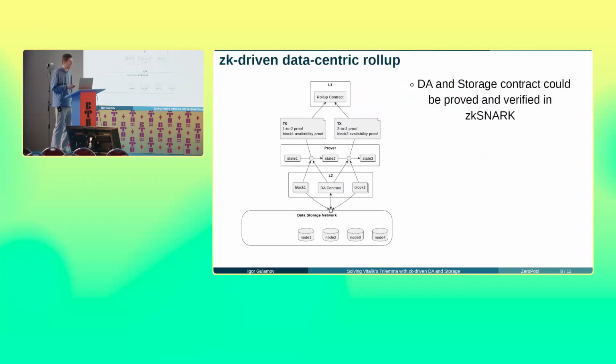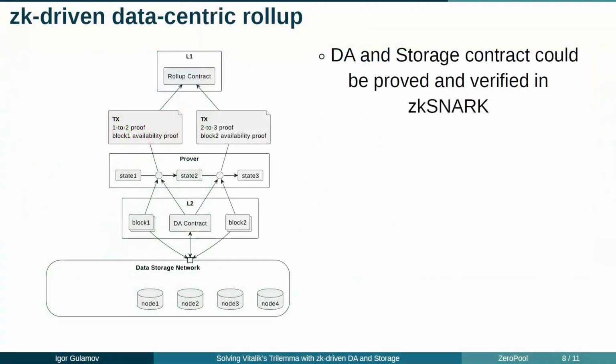Here is how the data-centric rollup works. We have the data storage network, L2, and L1. The idea is that we can make zero-knowledge proofs that the data is stored and available.